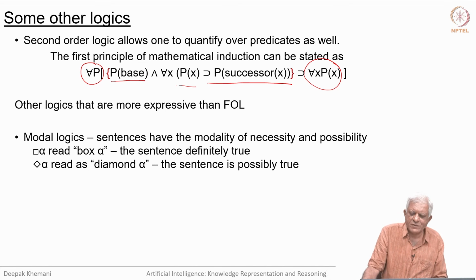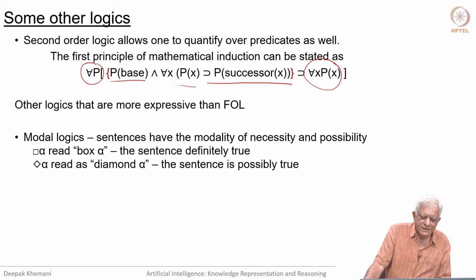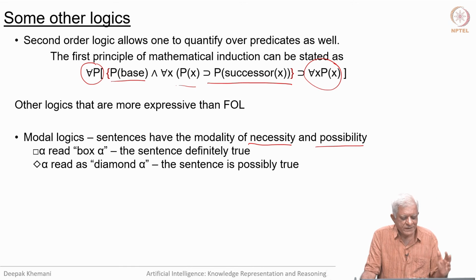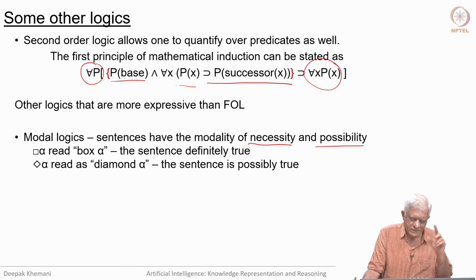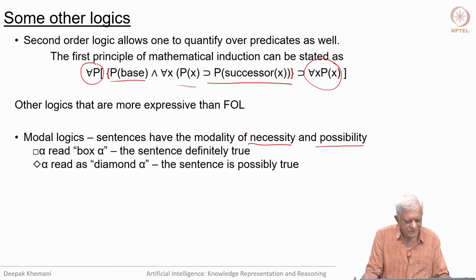There are other logics which are more expressive than first order logics. So, there are modal logics. The sentences have a modality, and the modality is that of either necessity or possibility. So, there are two modalities in modal logic. One is box alpha, which is drawn with a box before alpha, and it says that the sentence is necessarily true or definitely true. The other is diamond alpha, which is represented by drawing a diamond before alpha.